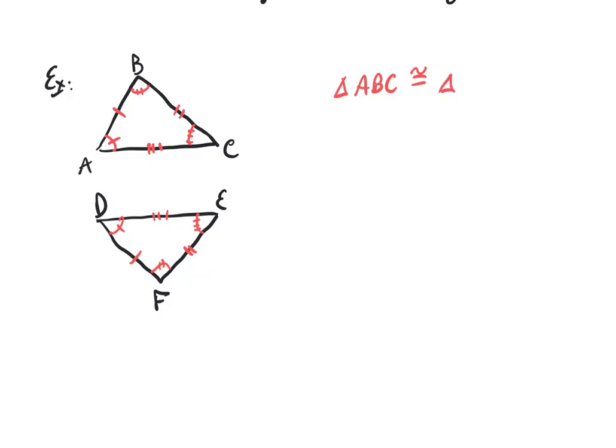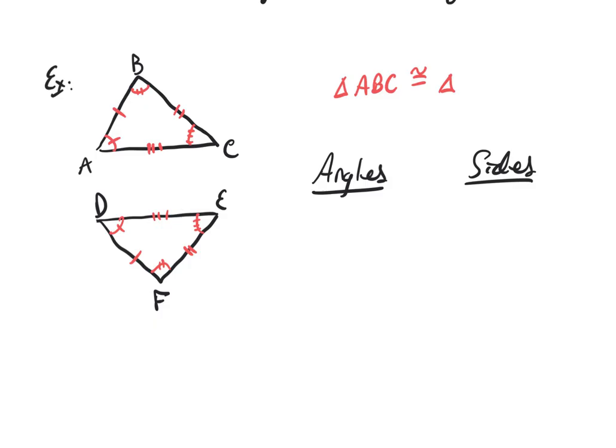And then before I give you the second triangle, you might just think, well, I'll just do it alphabetically, but we do it in a special way, and let me show you how that works. We're going to write the vertices for the second triangle in a special way by considering which angles are going to be corresponding to which, and then which sides are corresponding to which. Again, corresponding means two pieces or two parts that are equal in the two different shapes.